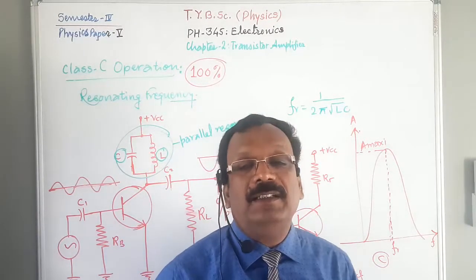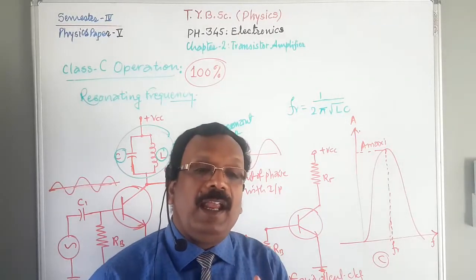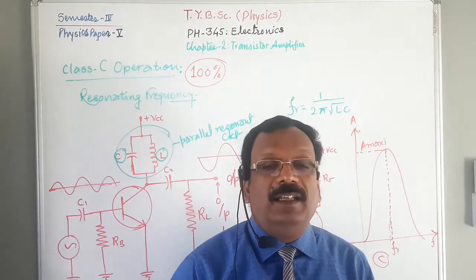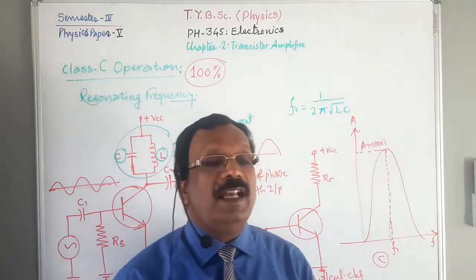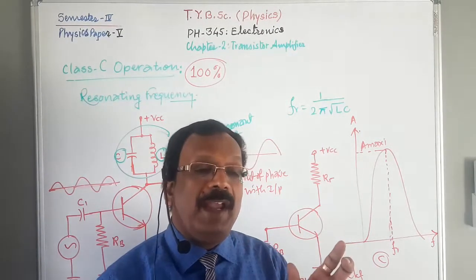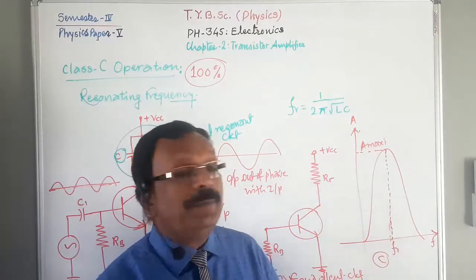This type of amplifier is ideal for amplifying radio and TV signals, as each station or channel is assigned a narrow band of frequency on both sides of the center frequency.